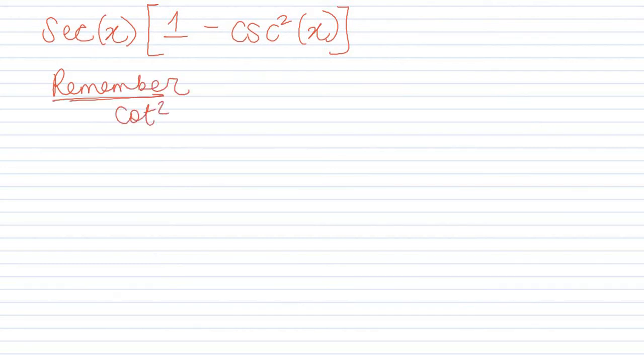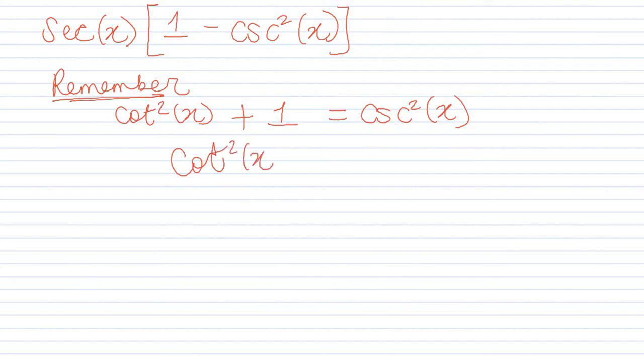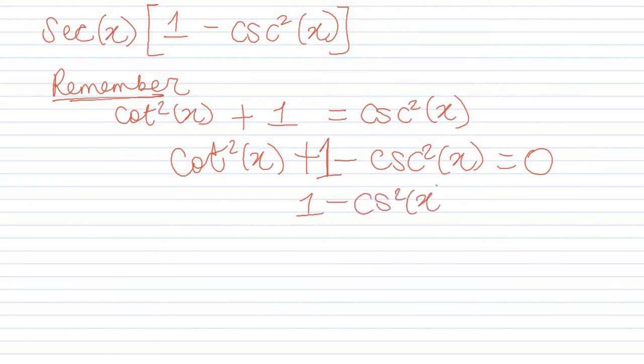cotangent square x plus 1 is equal to cosecant square x. So therefore, if I bring cosecant square x this way, so if I say cotangent square x plus 1 minus cosecant square x equals 0, I can also say 1 minus cosecant squared x equals negative cotangent square of x.